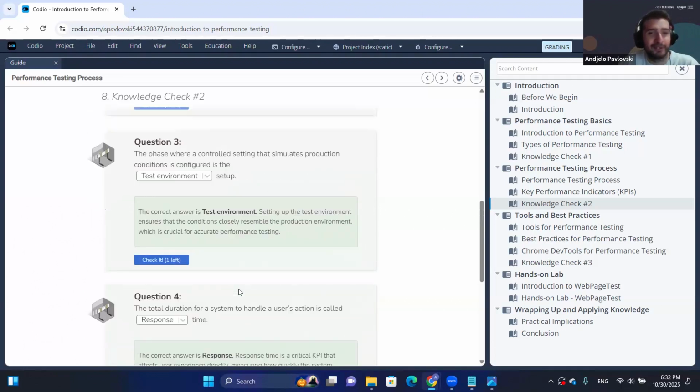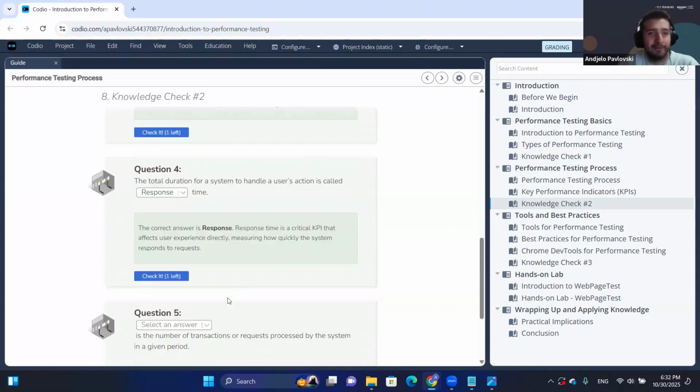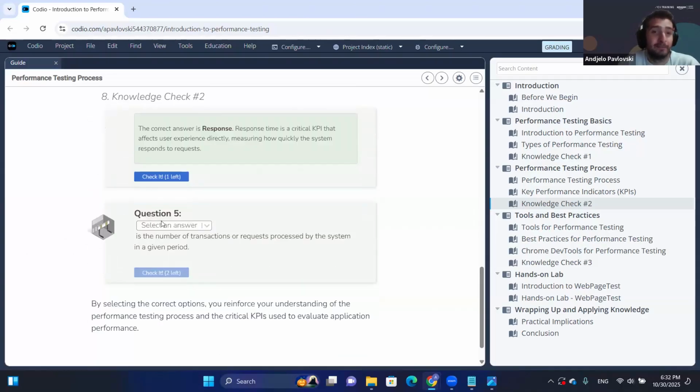And we have the last question, which is number 5, and it says blank is the number of transactions or requests processed by the system in a given period of time. All right, I already see output. I didn't even need to reveal the answer. That's very good. I'm happy that you're all very much engaged in following this, so keep up the good work.